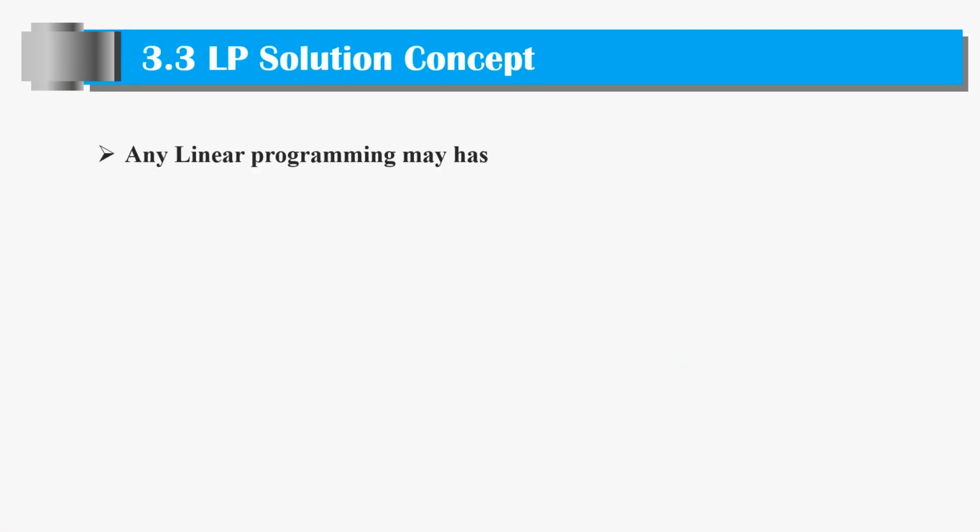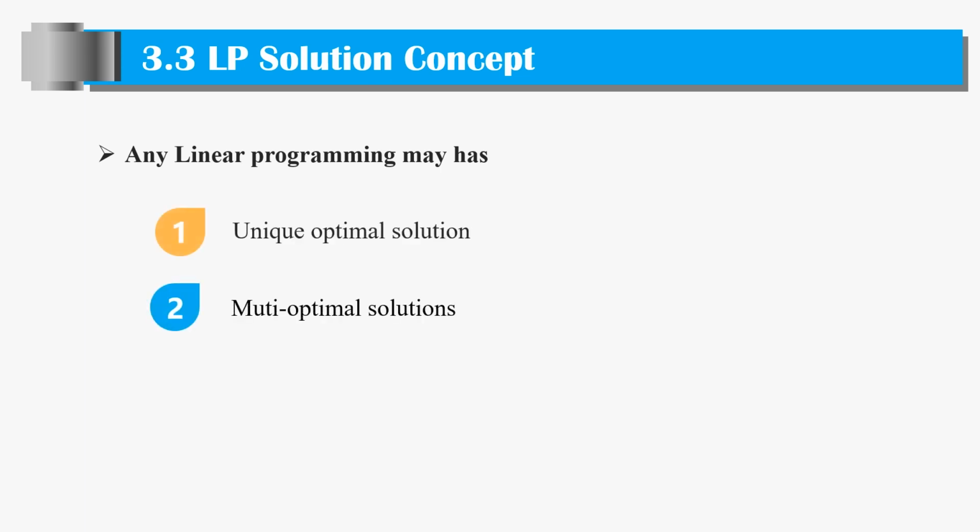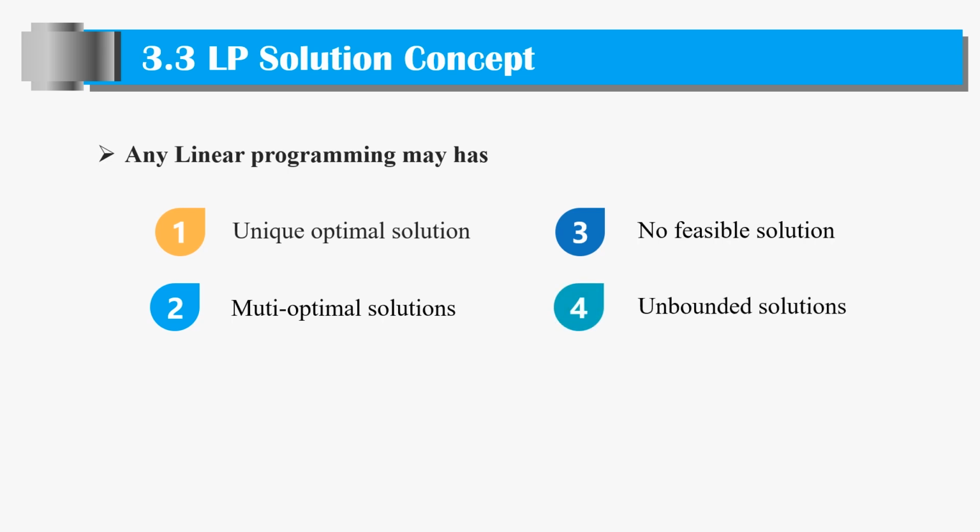So from the introduction we conclude any linear problem may have four solution cases. Number one is a unique optimal solution. Number two is multiple optimal solutions. Number three is no feasible solution. Number four is an unbounded solution.